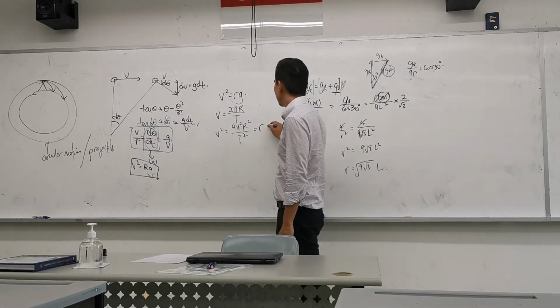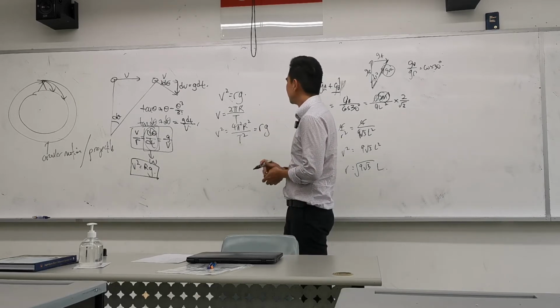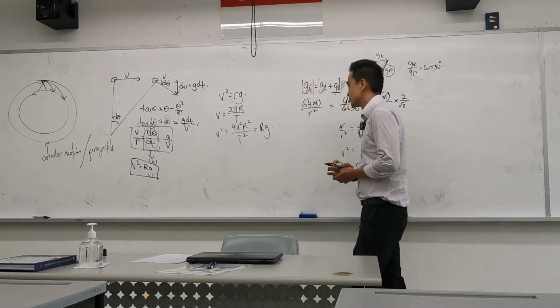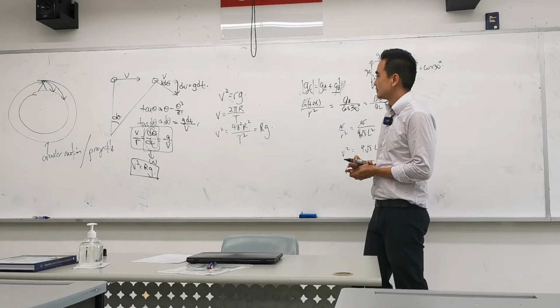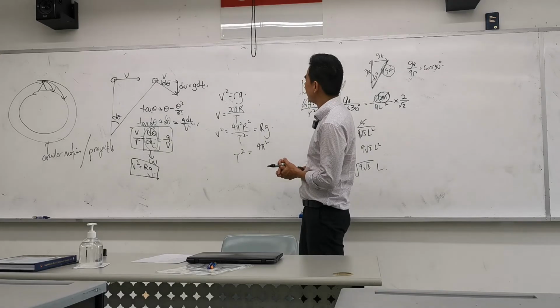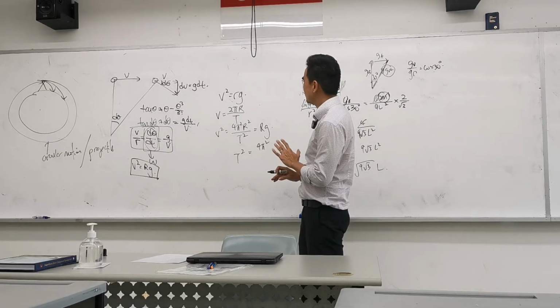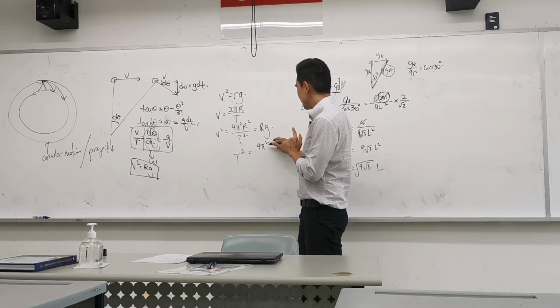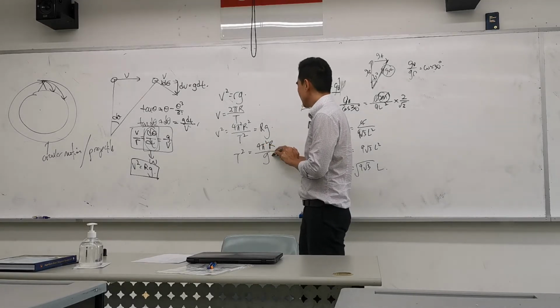Therefore, if we equate this to rg, there may be a mistake somewhere. v squared equals rg, and v equals 2 pi r divided by t. If I square that, 4 pi squared r squared divided by t squared. And therefore, t squared is equal to 4 pi squared r upon g.